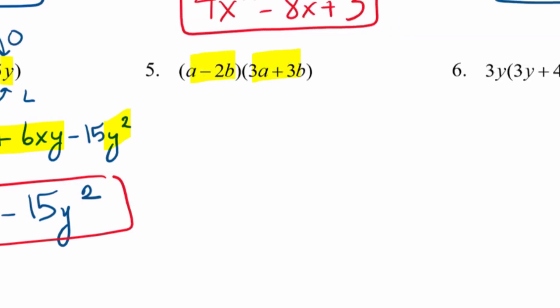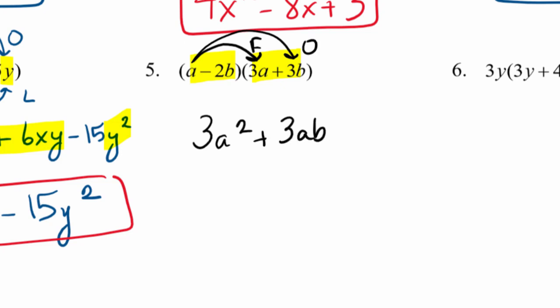Here we have our two binomials. They have two variables, but we're going to do the exact same thing. We're going to multiply the first, so that's going to give us 3a squared. The outside gives us a positive 3ab, a times b. Okay, and then looking here at the inside, we have a 3 times a negative 2. That's a negative 6ab. And you could have written ba or ab because they mean the same thing.